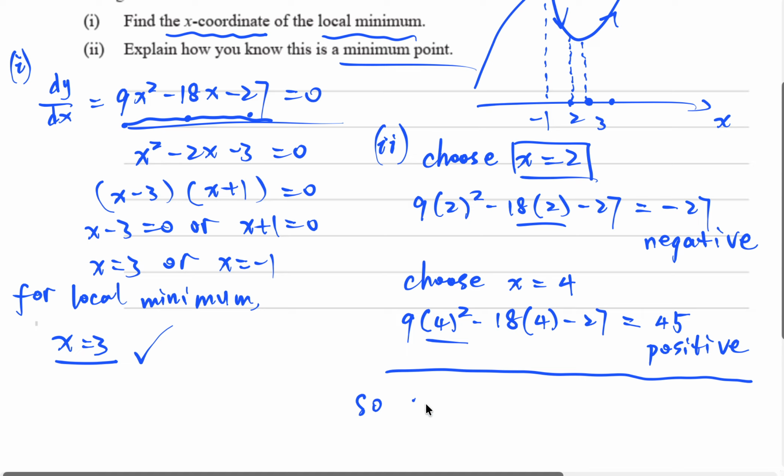I didn't get the whole point's coordinates because they didn't ask for that. So I just write this is a minimum point. Yeah, that's better. Okay, that's for today's question.